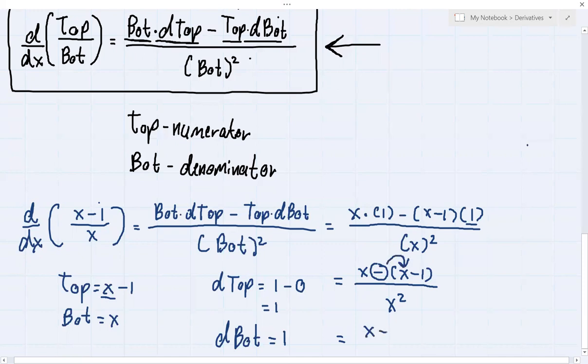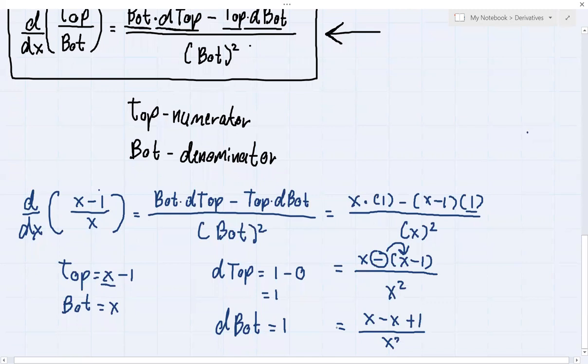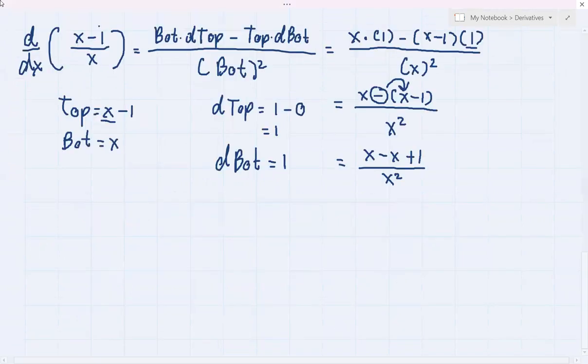So it becomes x minus x plus 1 all over x squared. In here, x minus x cancels because it becomes 0. So, we will have 1 all over x squared. And that is now your final answer.